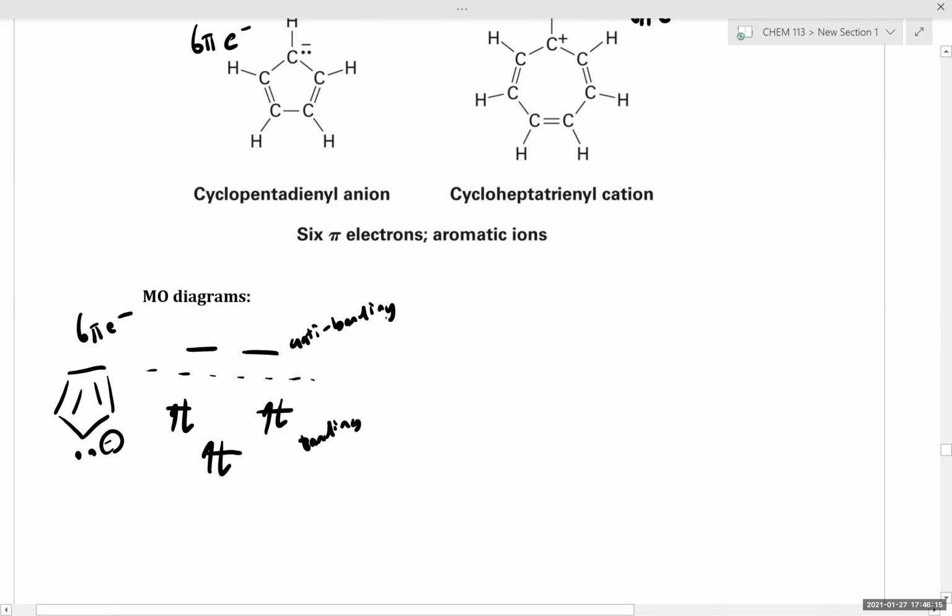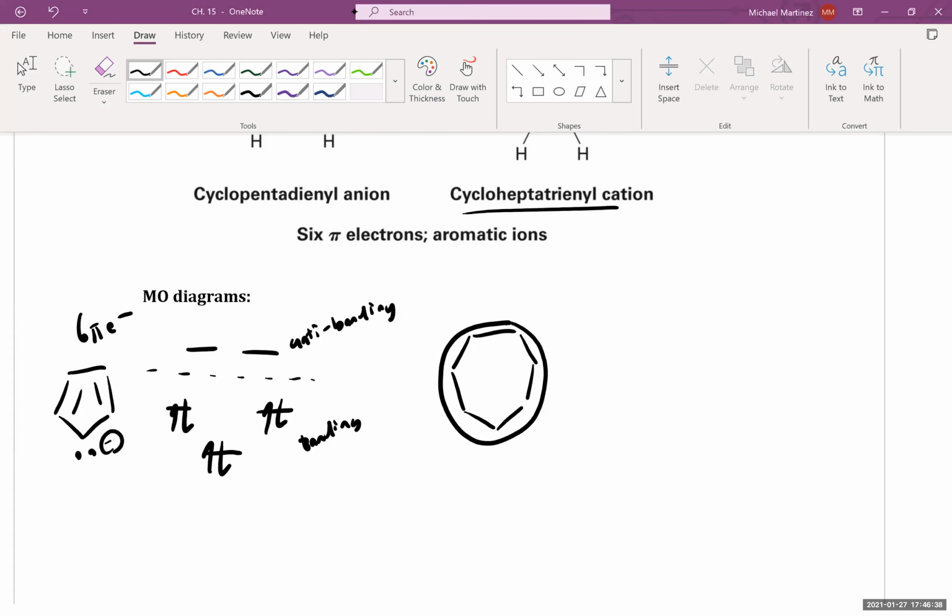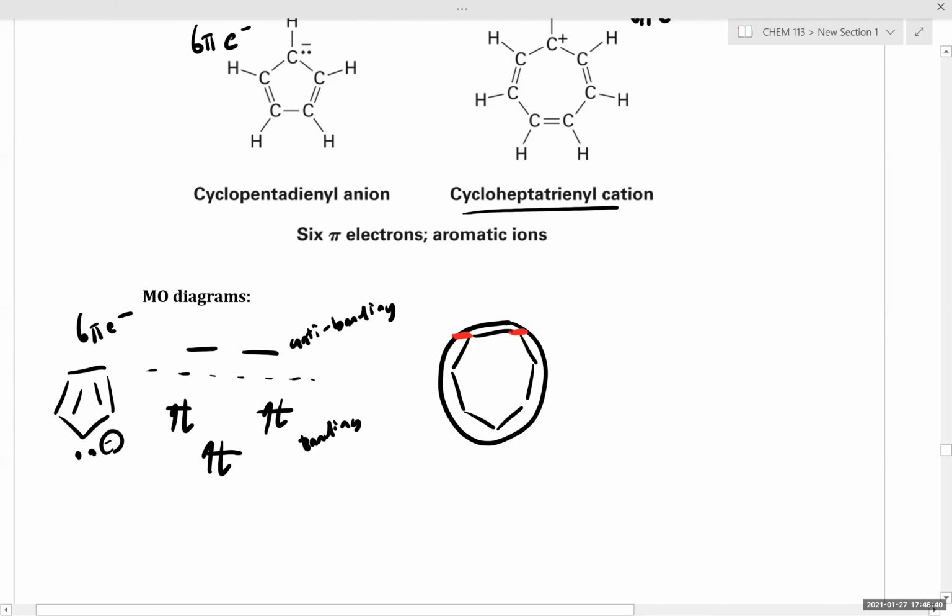The cyclopentadienyl anion is a pretty straightforward analogy to the furan example. But for the cycloheptatrienyl cation, this time we may have to draw out a formal Frost circle. We draw our ring, enclose it in a circle, and at each point that our ring touches the circle, we draw an orbital at that relative energy value. So we end up with an MO diagram that looks something like this.